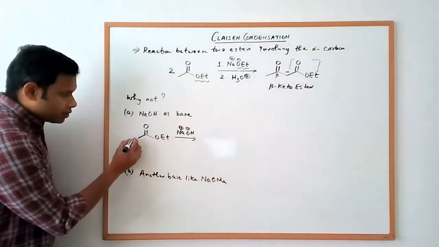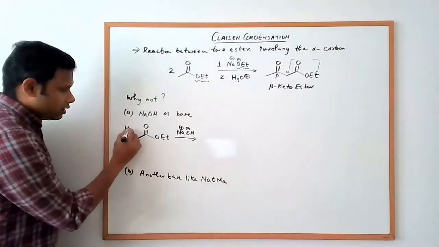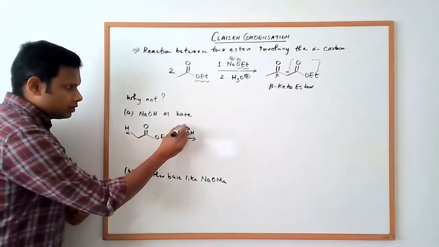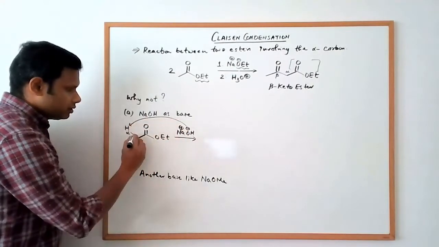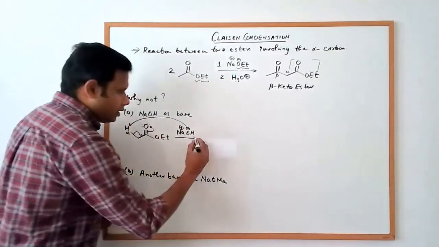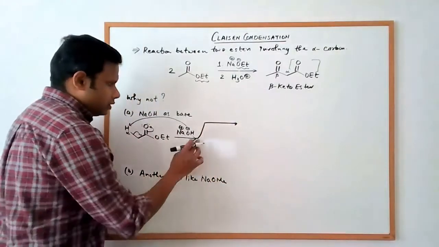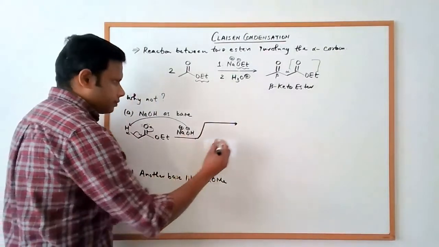So what sodium hydroxide can do is deprotonate the alpha hydrogen. It can come and deprotonate the alpha hydrogen, and it would give you the enolate.